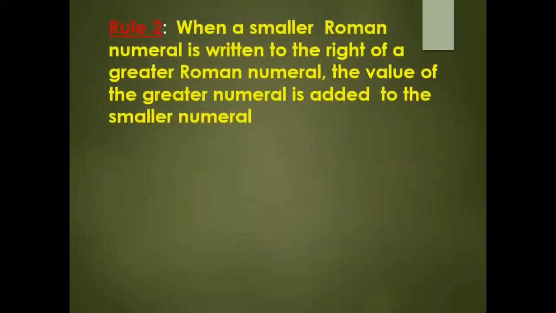Now rule number 2. If we are not repeating any Roman numerals, so it's common sense that one of them would be bigger and one would be smaller. So we just have to see the position of the smaller Roman numeral. If the smaller one is on the right hand side of the greater Roman numeral, then the values of both the numerals will be added.